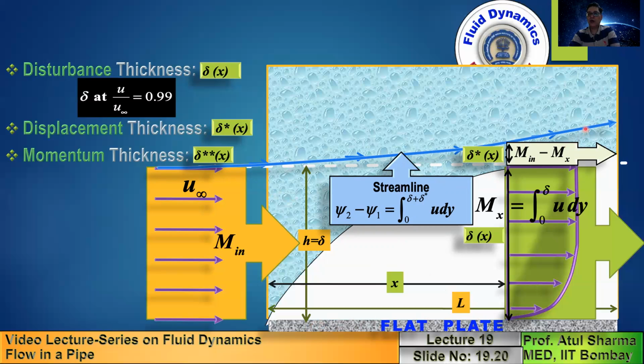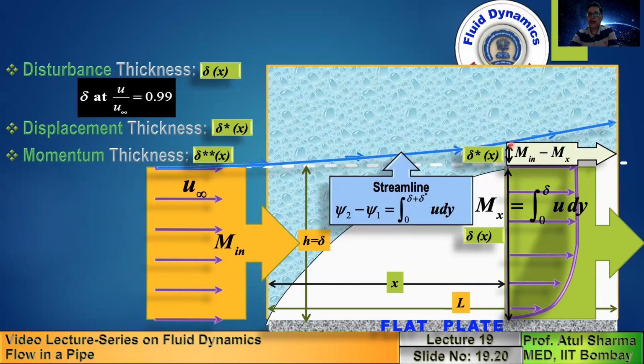Now the difference of this, if you take the integral of u dy at this location, is the vertical displacement above the boundary layer, which is called the displacement thickness.